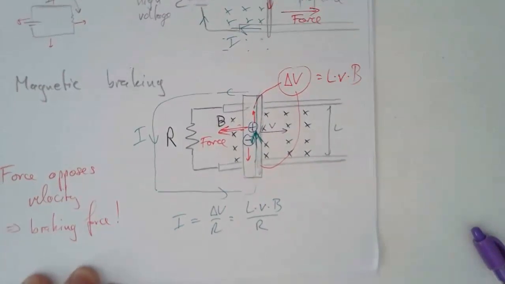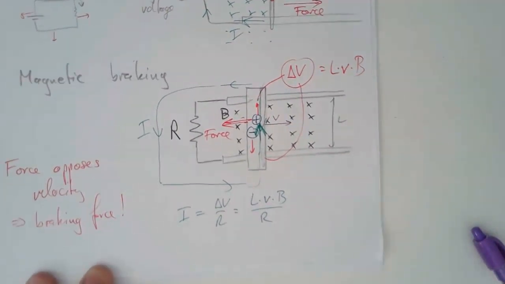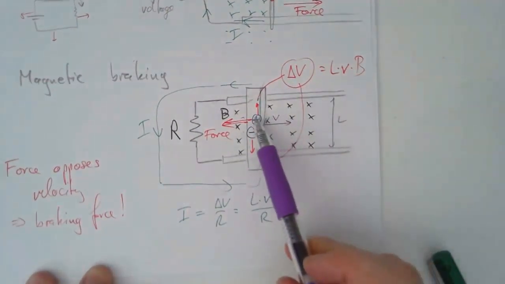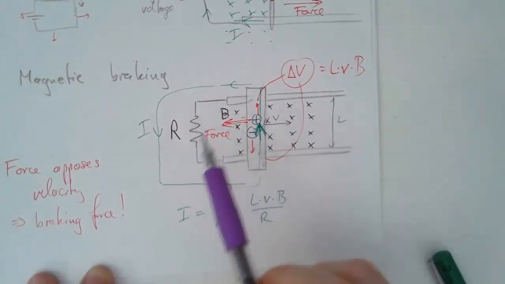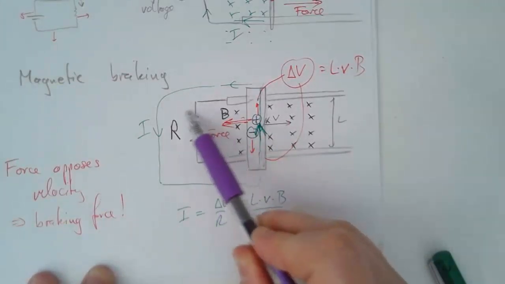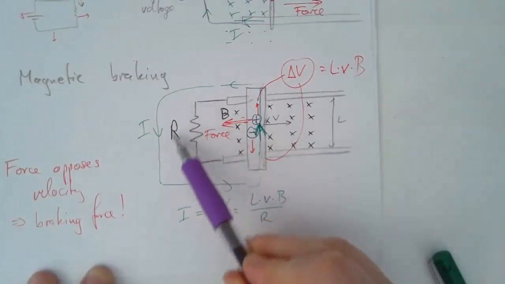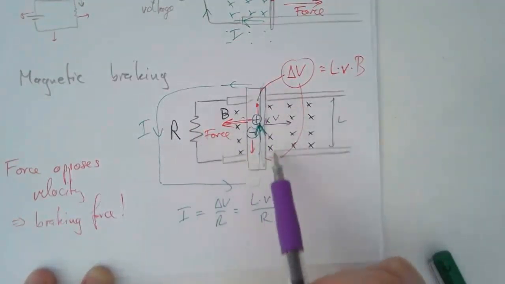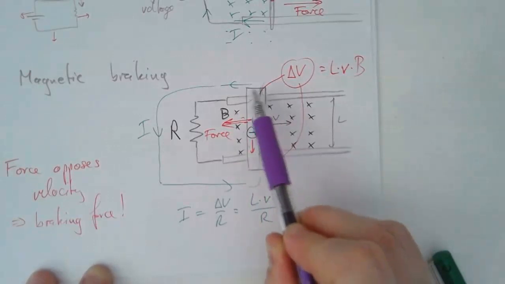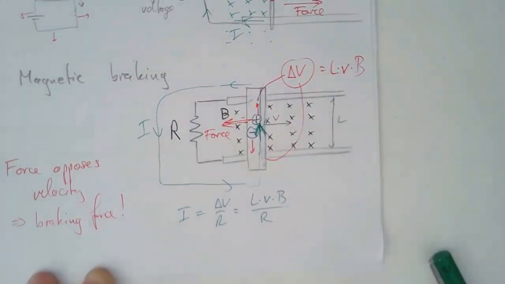Now, if you work through the math, and I suggest that you do that, and you start with some velocity, you can confirm that the total power output here, you know about the power output of resistors, is equal to the kinetic energy lost by that piece of metal.